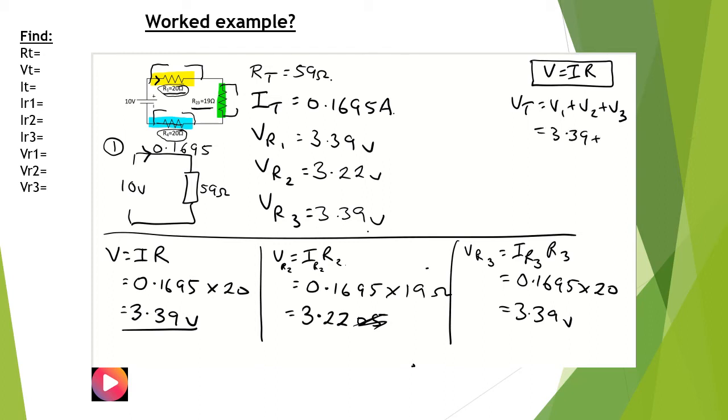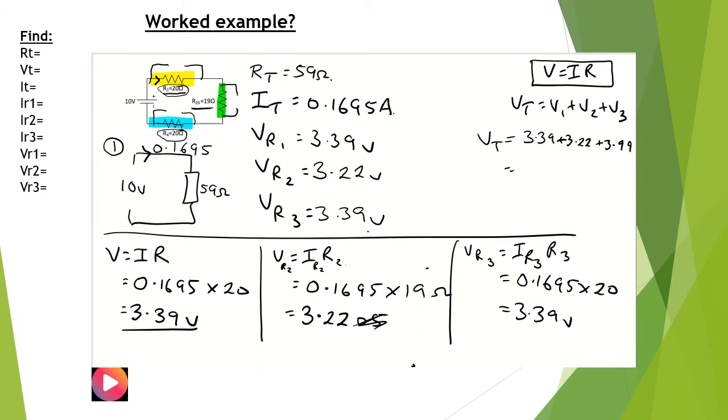3.39 plus 3.22 plus 3.39 is equal to Vt.